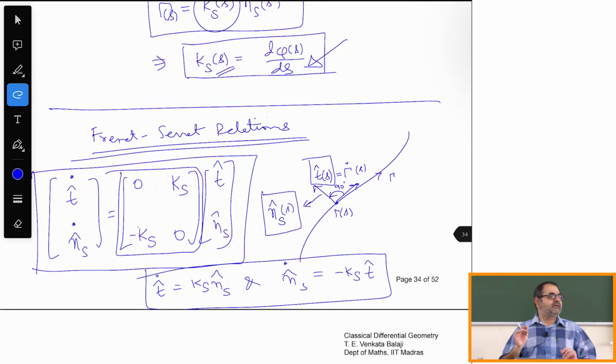If you believe that the curve is going to be essentially controlled by this, then it's clear that this differential equation is controlled by this matrix, but the matrix itself is controlled by K_s. So more or less what you are able to see is that the curve is controlled by its signed curvature.